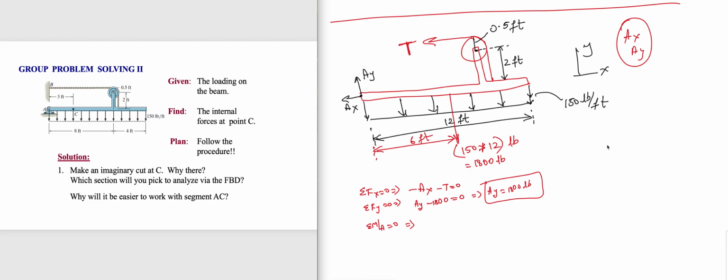Moments with respect to A equal to 0 would be T times 2.5, and it's a counterclock positive. So because it's C, with respect to A, T is going like that, counterclock.